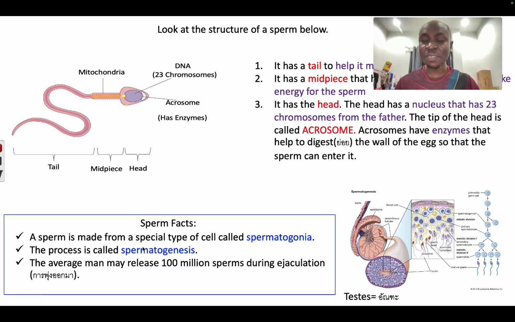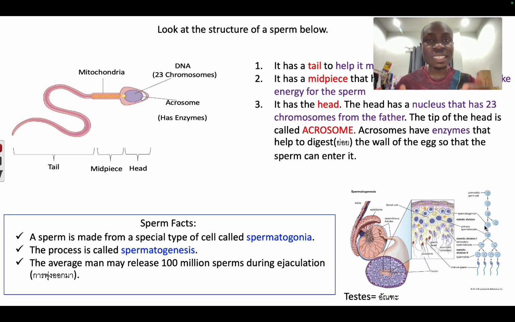A sperm is made from special cells inside the testes. These special cells are called spermatogonia, and when we make sperms from spermatogonia, the process is called spermatogenesis. This picture shows the process.